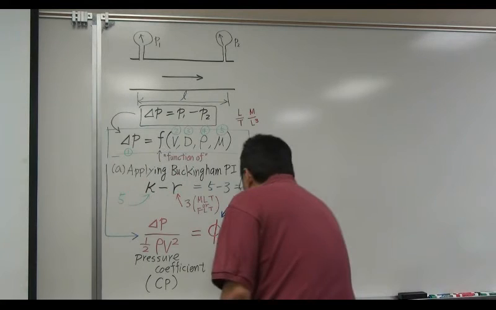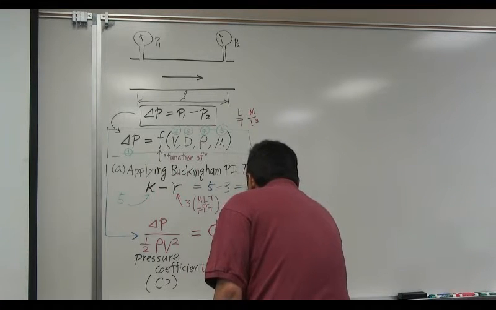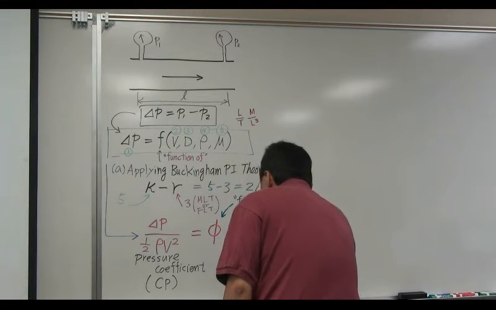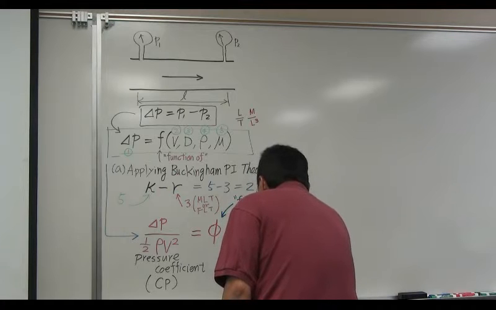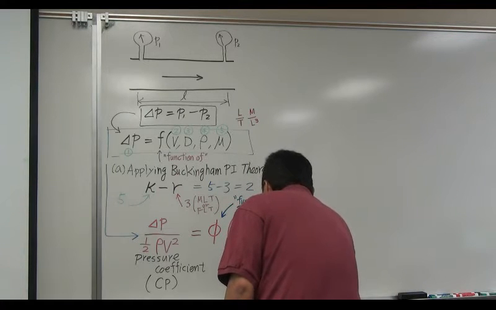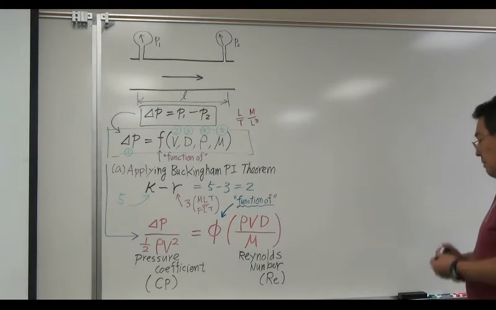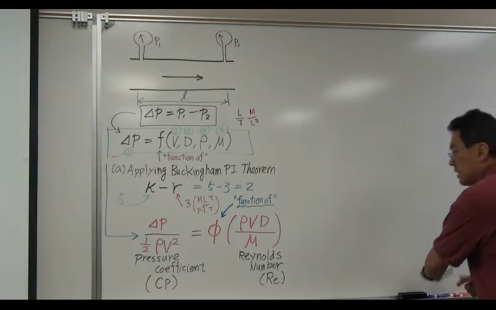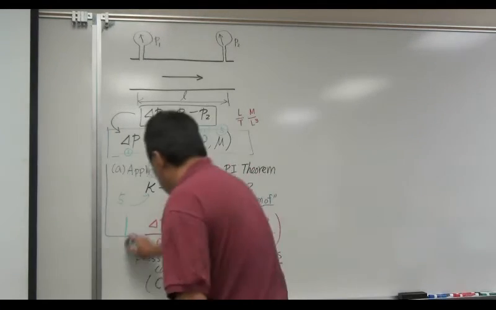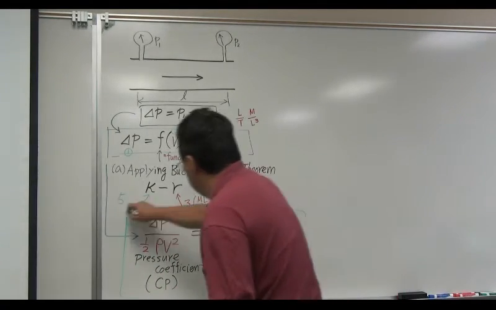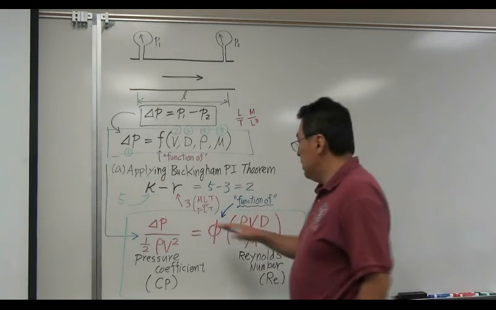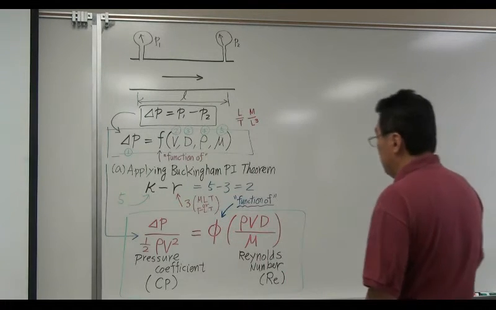This is called Reynolds number. Okay? So this is the expression, equivalent expression using two dimensionless terms. This property is called pi terms.